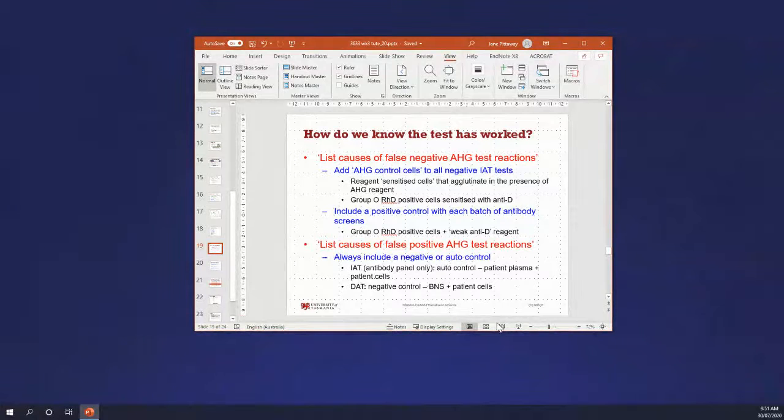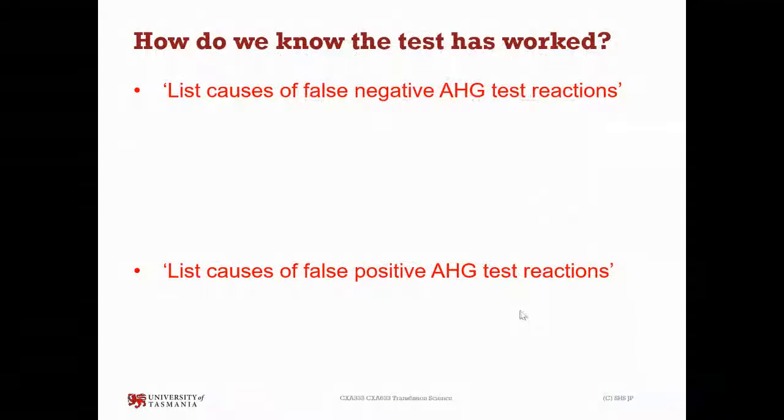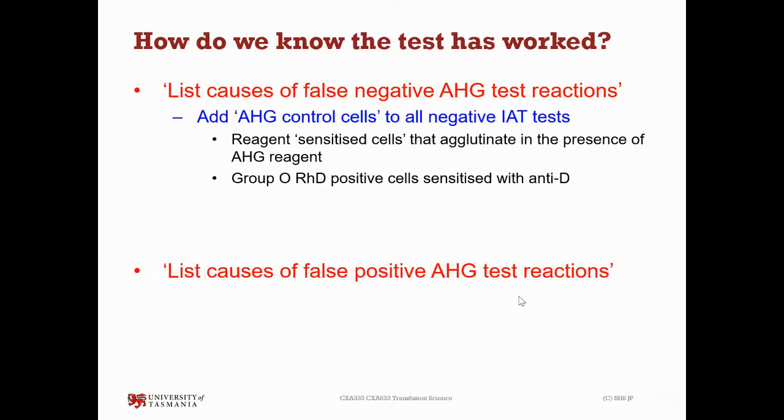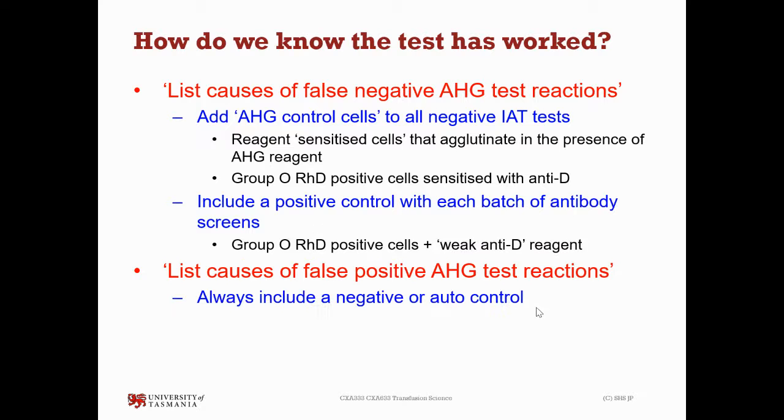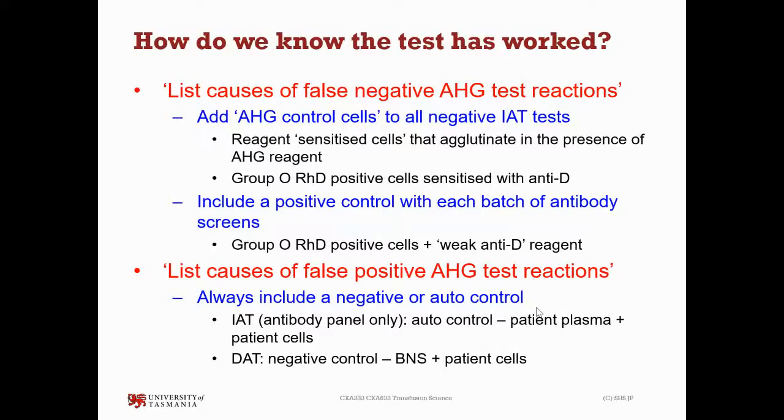So an auto control is where you mix patient cells with the patient's plasma. You're checking to see if the patient has any autoantibodies in their plasma, because they will then react with the antigens on the patient's cells.